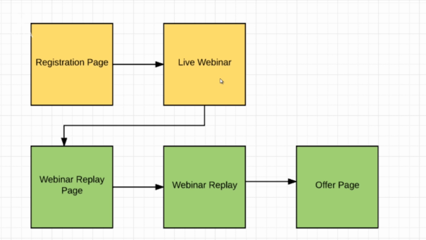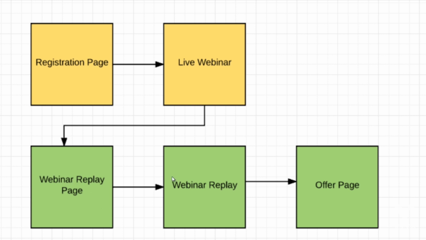Once you've recorded that webinar and you want to start an evergreen webinar process, meaning you're constantly raking in leads and producing an automated money-making machine, that's the green part. The green part here is the webinar replay page. So you're going to upload your webinar to YouTube or Vimeo and place it on a page.